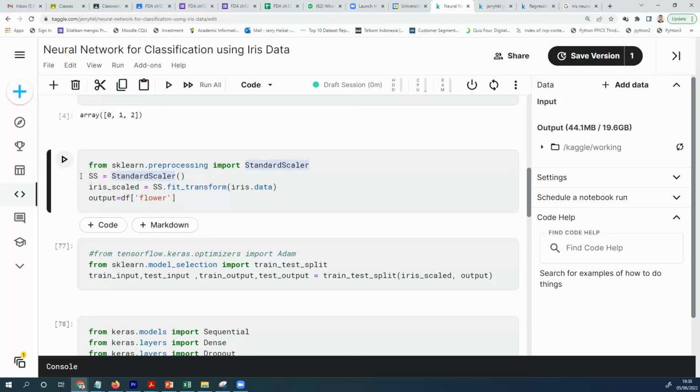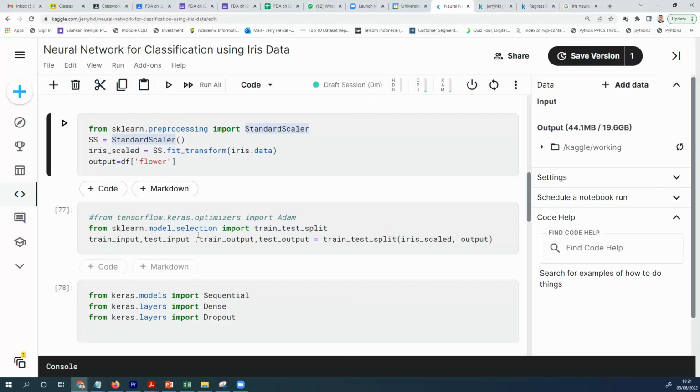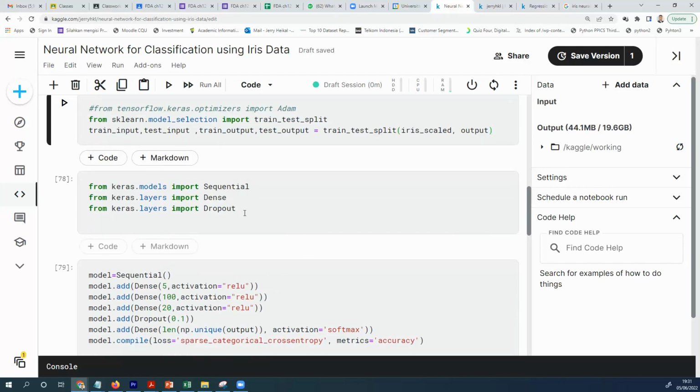Then from scikit-learn model selection, we import train_test_split, and there is train input, test input, train output, test output. After we set up the train and test split data, we have the data with the standard scaler.